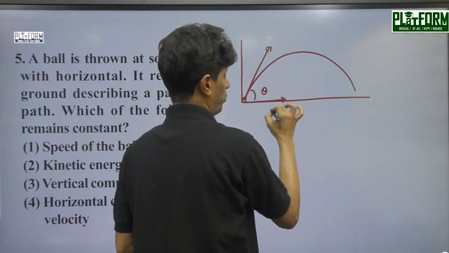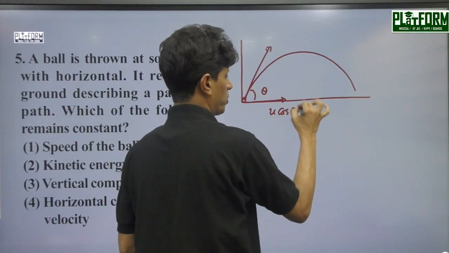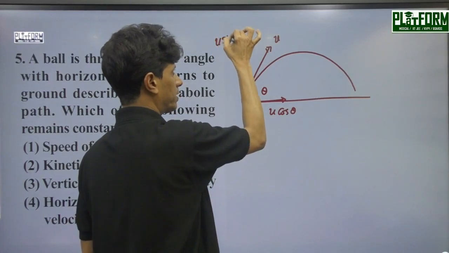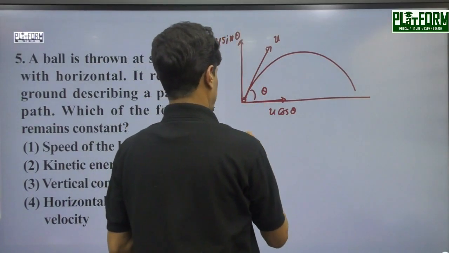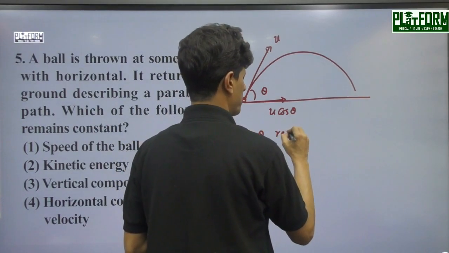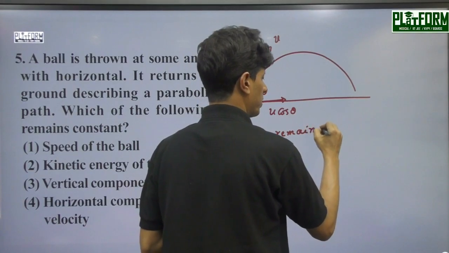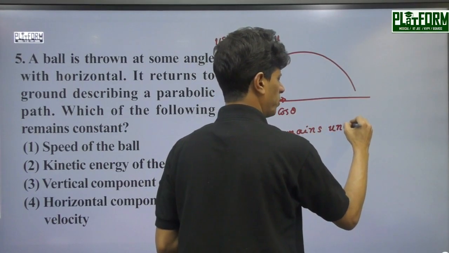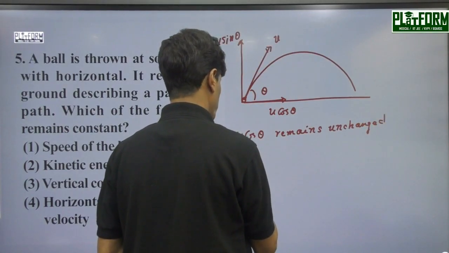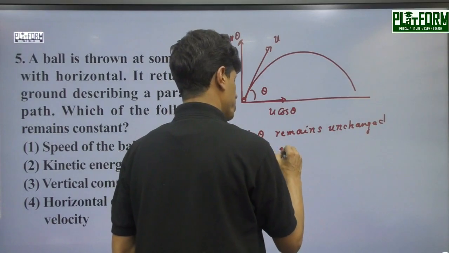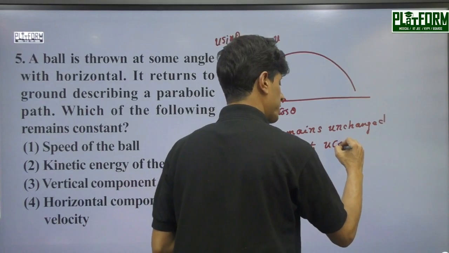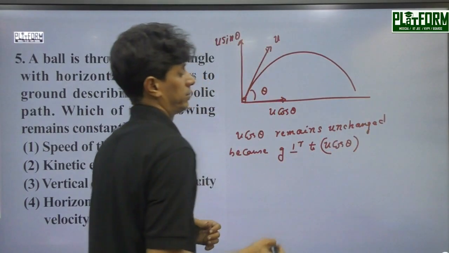So the horizontal component is u cos theta, and the vertical component is u sin theta. u cos theta remains unchanged all along the path, because you know g is perpendicular to the u cos theta component, that is the horizontal component.